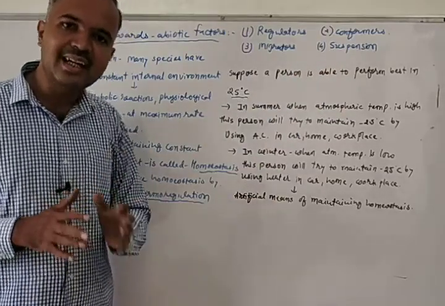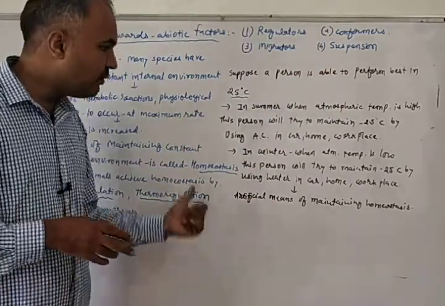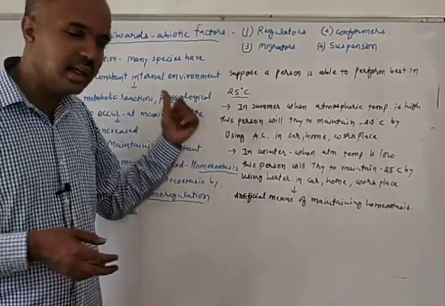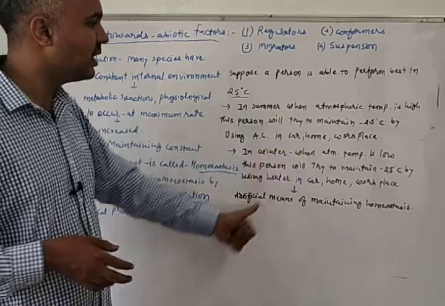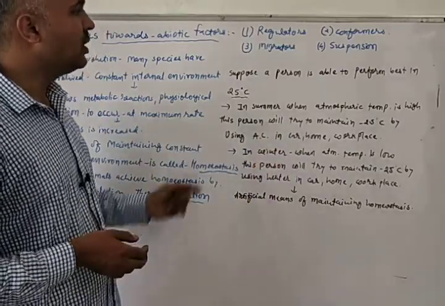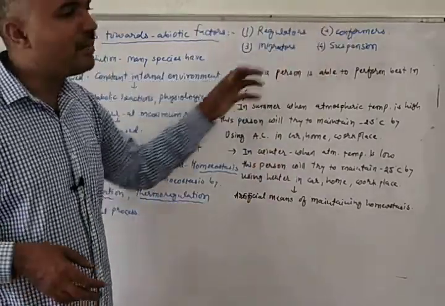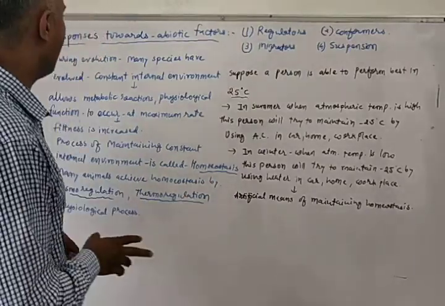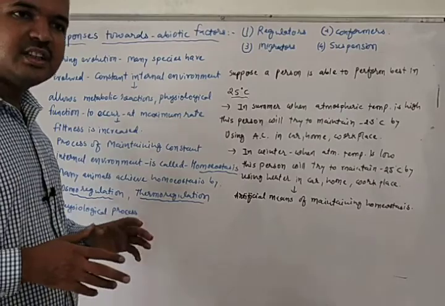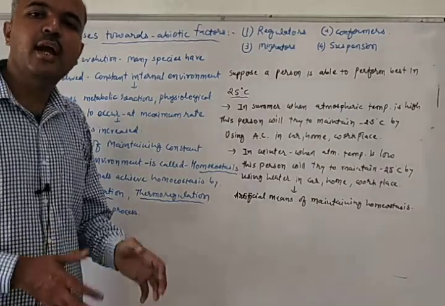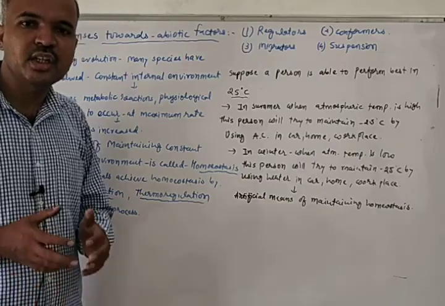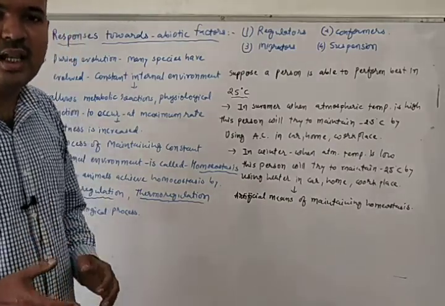We will discuss that later, but here we are trying to understand a term called homeostasis. We will understand homeostasis first. During evolution, many species have evolved a constant internal environment.